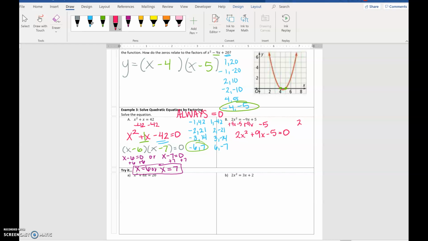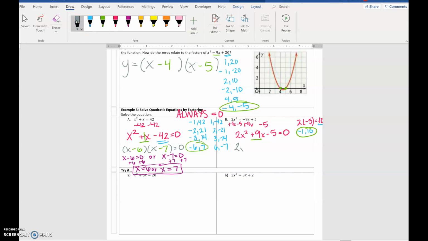So we're going to need 2 times negative 5, which is negative 10. And so we need something that multiplies to negative 10 and adds to positive 9. So we have negative 1, positive 10. And we can keep going if we would like. Or we can see that this right here would add to 9. So we can just use these ones here.